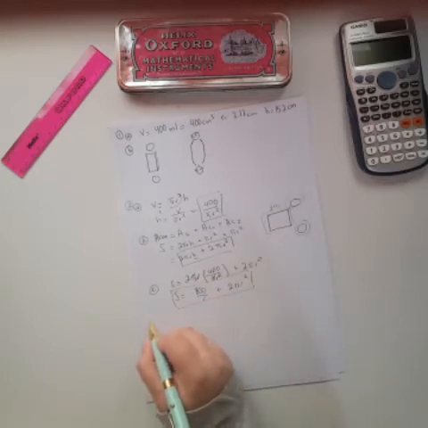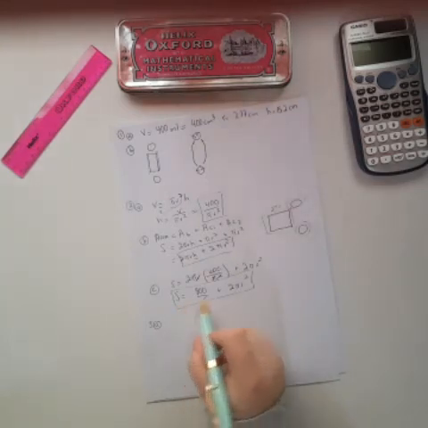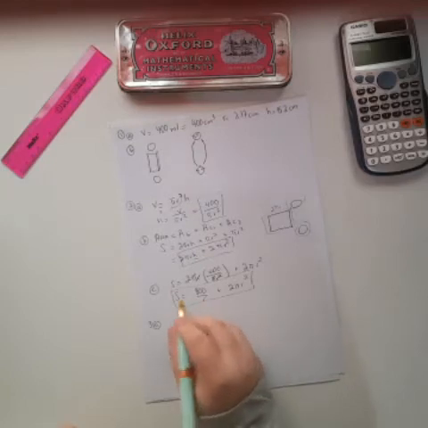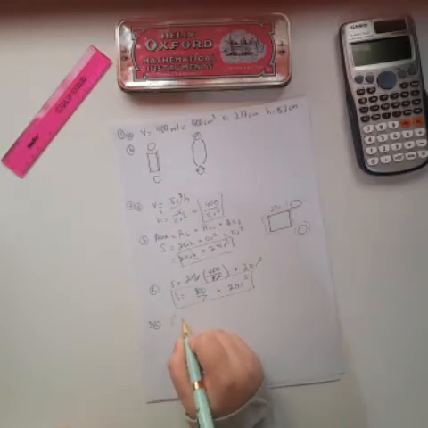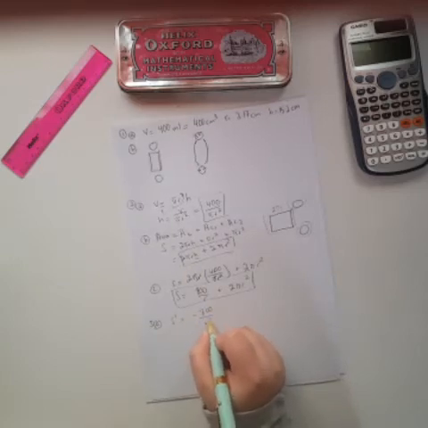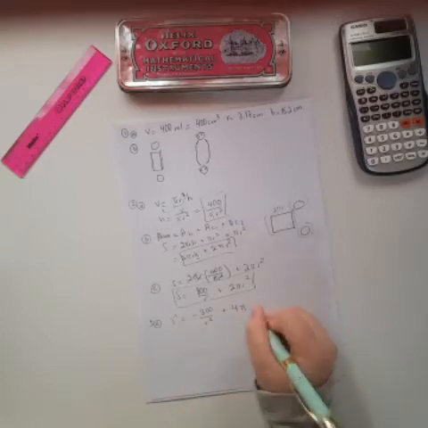Now in 3a we need to find r. So how do we find r? We find r by taking the derivative of this equation S, then setting it equal to 0, and solving for r. So if we solve it, you'll get negative 800 over r squared plus 4 pi r.